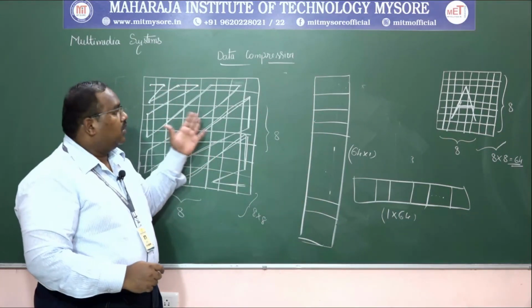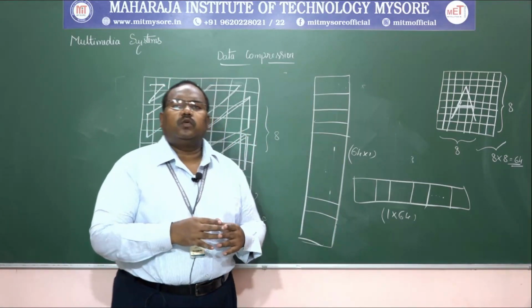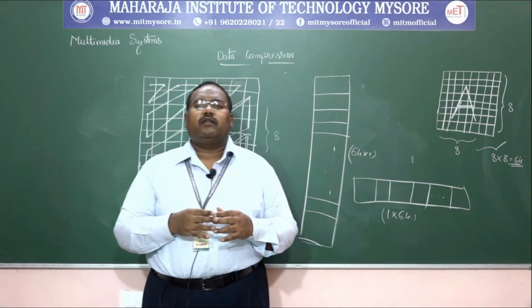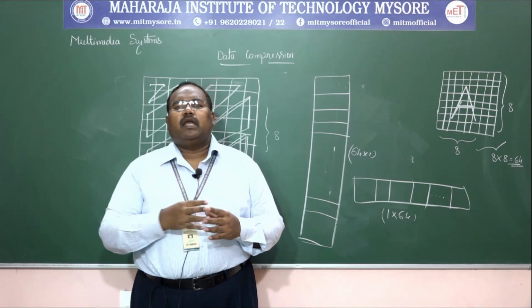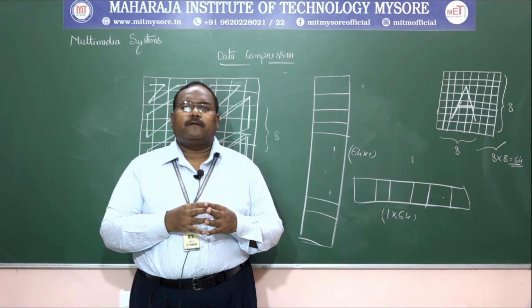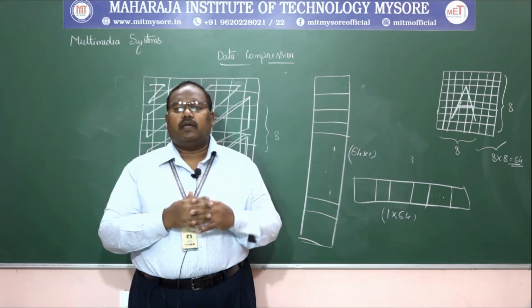This is how the working principle of JPEG works. This is what I wished to explain. This question is very important from the examination point of view. You might have seen in many question papers, they ask what is JPEG, and what kind of technique is associated with JPEG.